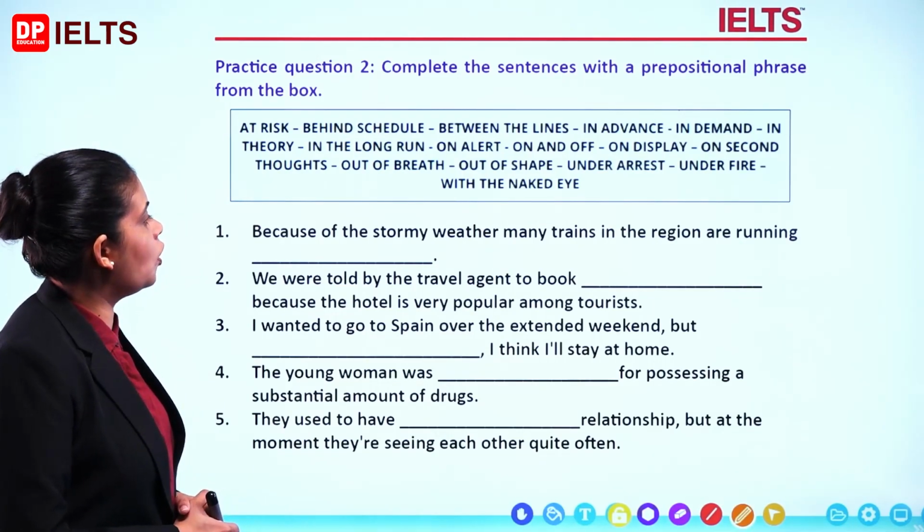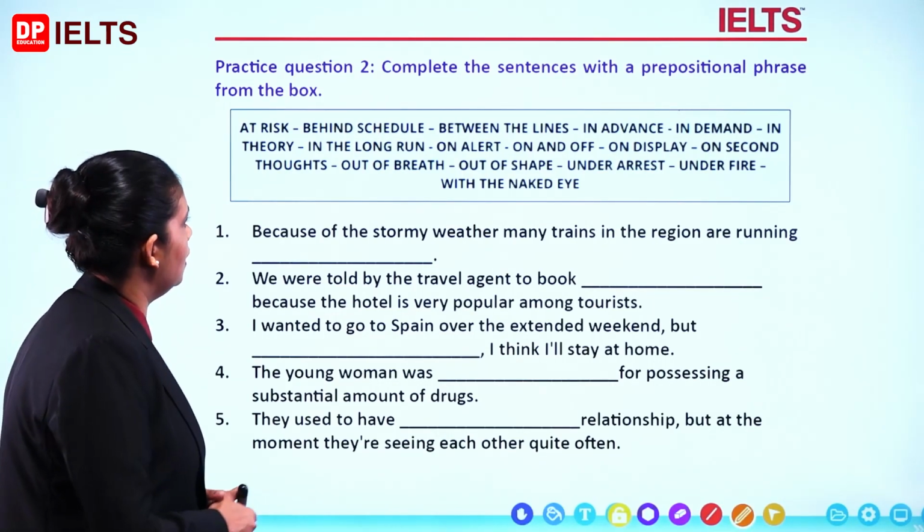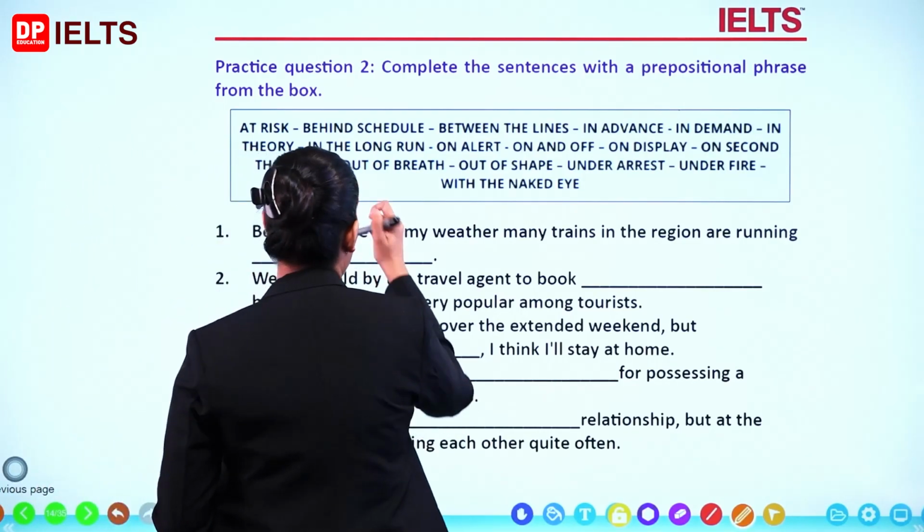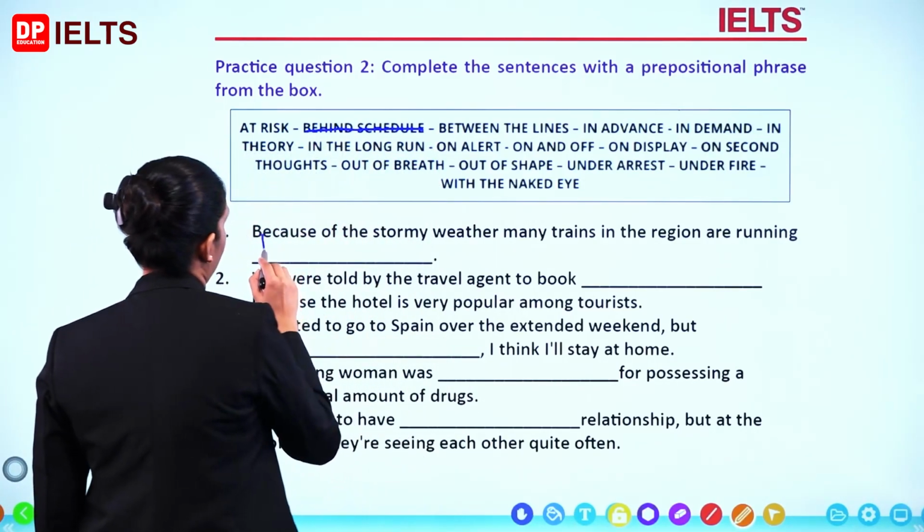So because of the stormy weather, many trains in the region are running behind schedule. Okay, so we could use that phrase, behind schedule.